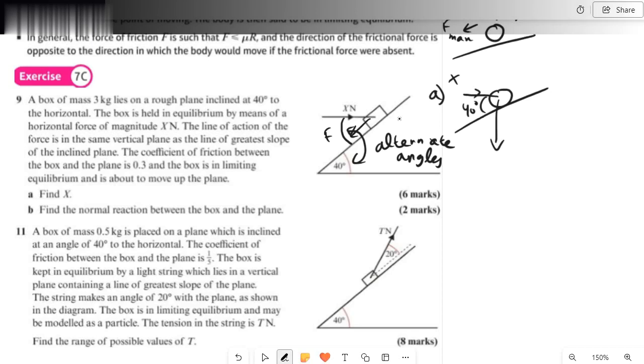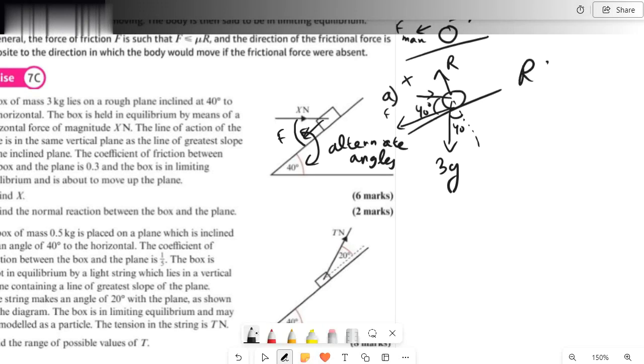Vertically downwards we have mg, which is 3g in this case, at an angle of 40 degrees with respect to the vertical. Then we have the normal reaction force, which is R, and we also have friction, which is acting in this direction down the plane, because the particle is starting to move up the plane, as I've discussed before.